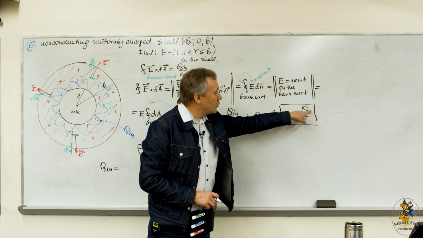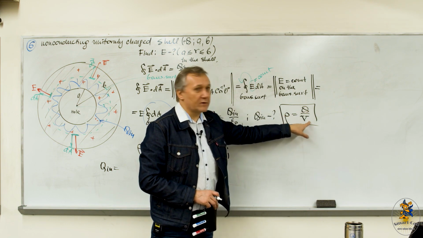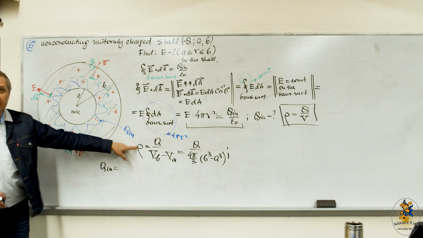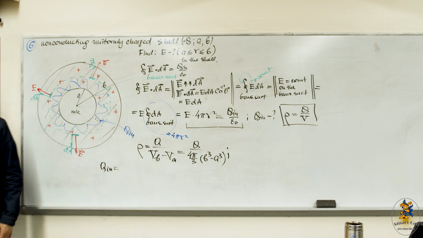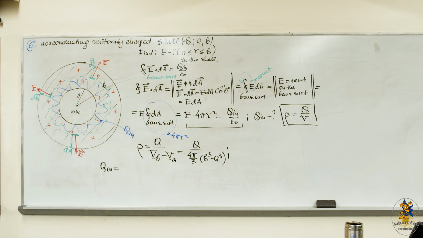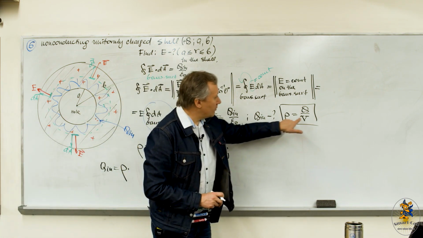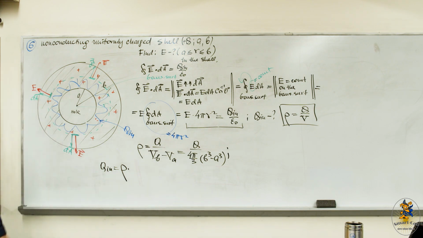But now we need to solve it for Q. Q equals rho times V. So rho, which we just found, because the charge is distributed uniformly, so the charge density is the same, so we can use it to find any charge we want. So take rho and multiply by the volume over which the enclosed charge is distributed.